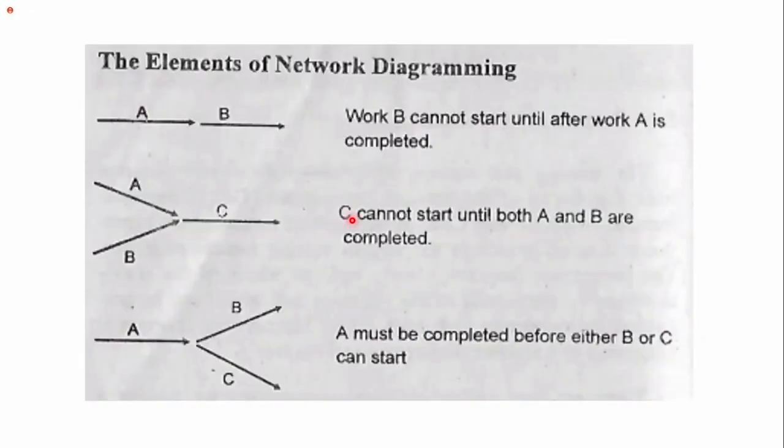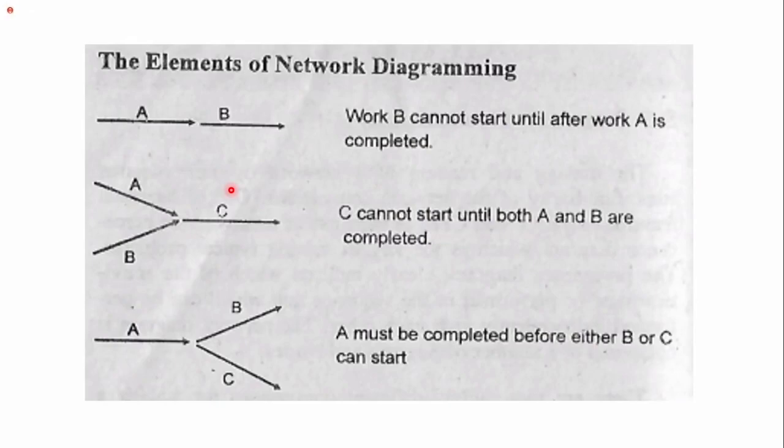The elements of network diagramming. So precedence of A and B: the work B cannot start until after work A is completed. For the next figure, activity C cannot start until both A and B are completed.